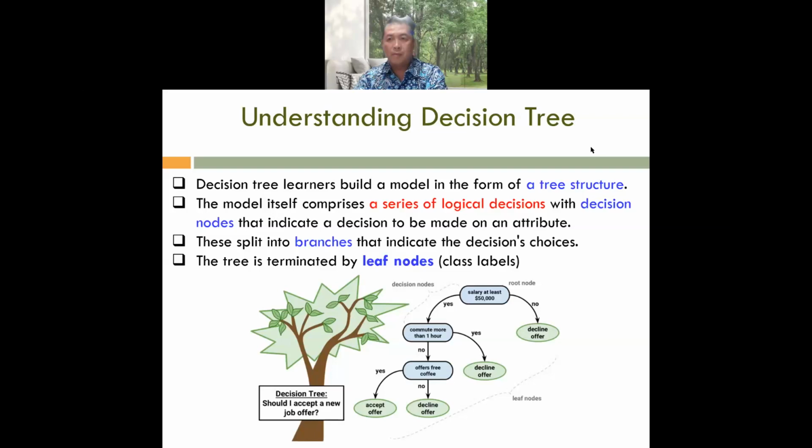Okay, so for example, in the decision tree shown below, we have a series of logical decisions, and at the end of the tree, which is the leaf, they show you the label or the final decision. This is about should I accept a new job?